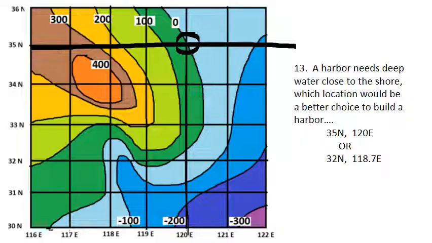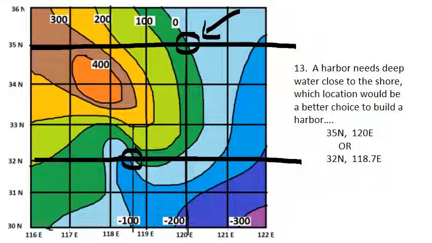Let's go to the other location. It's 32 north and 118.7. So I'm going to say it's like right about in there. Which one's better for a marina? Remember, I need deeper water. Well, up here, all we've got is light blue water.